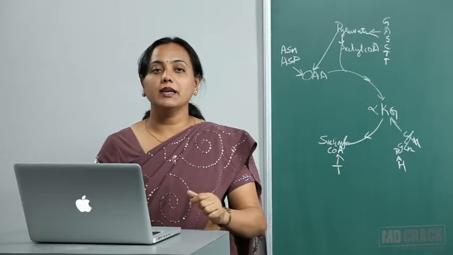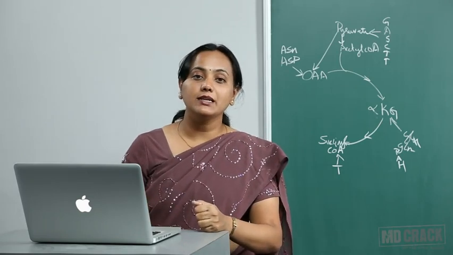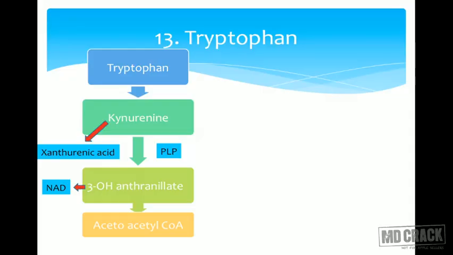Now tryptophan, again, one important thing that is happening is tryptophan is converted to kynurenine. Different name, you should be knowing the names, that's all. This is called the kynurenine pathway. Kynurenine further forms 3-hydroxykynurenine to 3-hydroxyanthranilate. Now the importance is kynurenine can be converted to xanthurenic acid, and for the further metabolism pyridoxal phosphate is required.